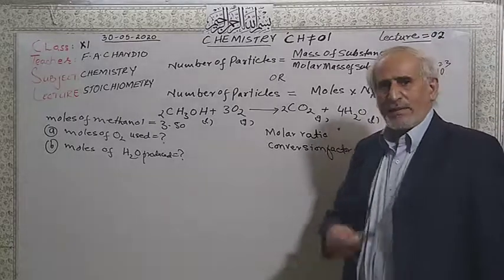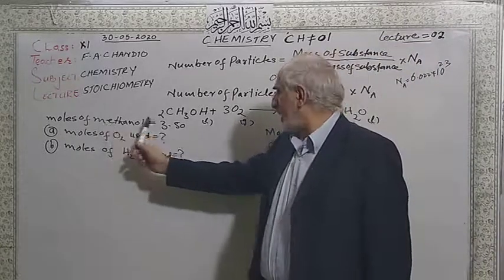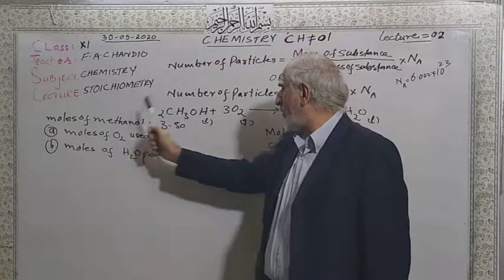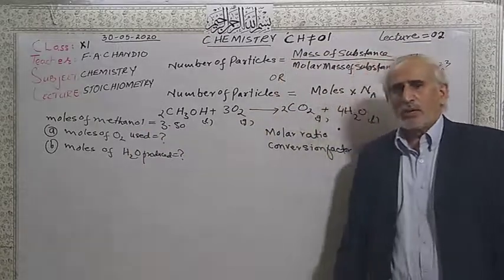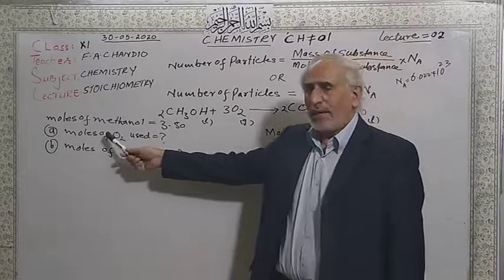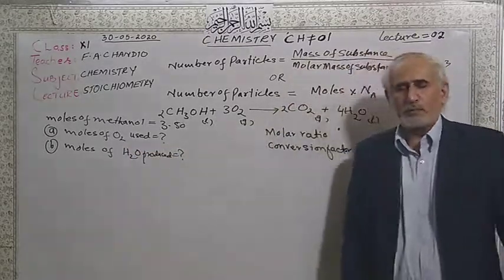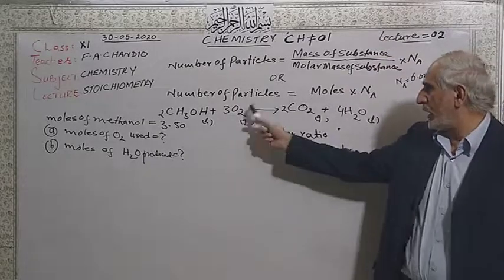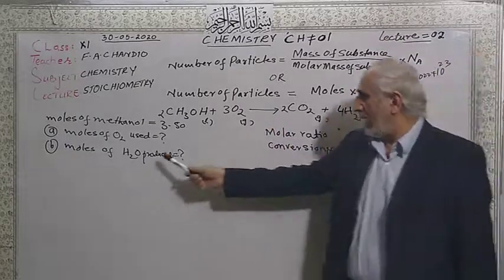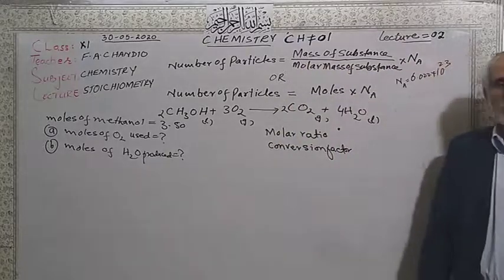Now the examiners ask you a question: if you are provided 3.5 moles of methanol, then how many moles of oxygen are used up? Calculate the number of moles of oxygen. And how many moles of water are going to be produced?